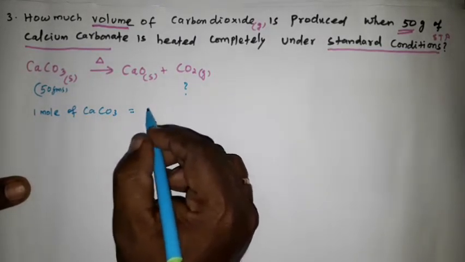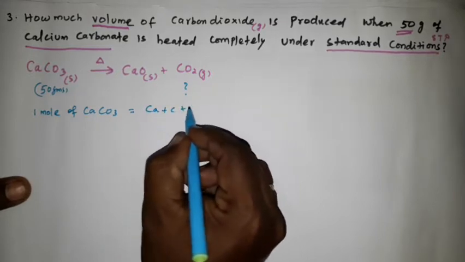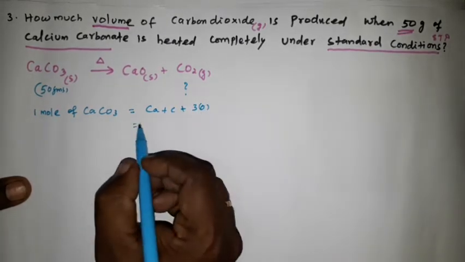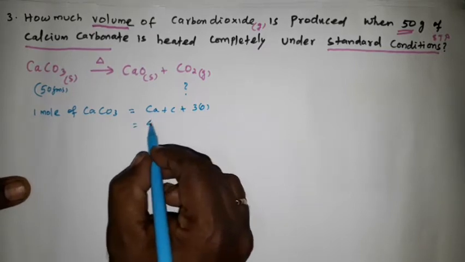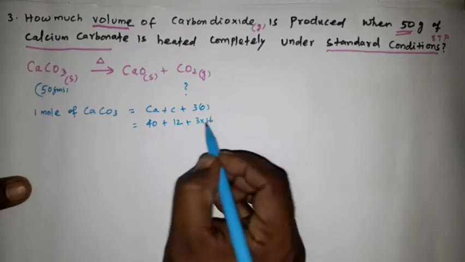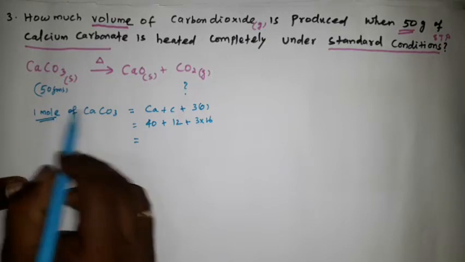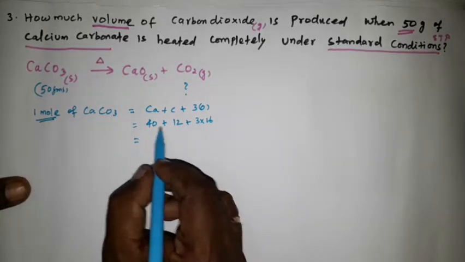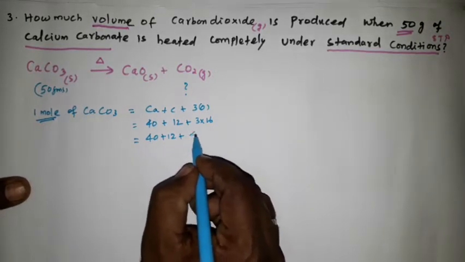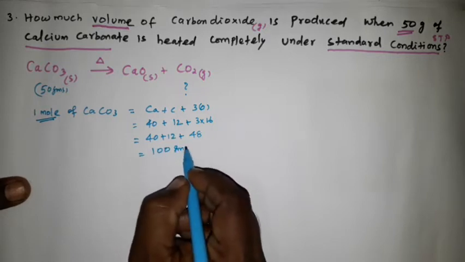Calcium is 40, so calcium plus carbon plus 3 times oxygen. You have to check the molar mass of calcium carbonate. Calcium 40 gram, carbon 12 gram, then 3 into oxygen which is 16 gram, that is 48. So 40 plus 12 plus 48 gives 100 gram per mole.